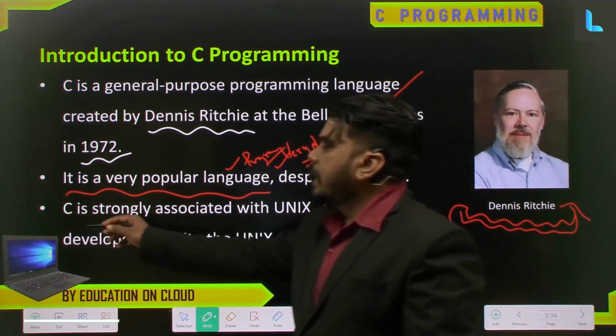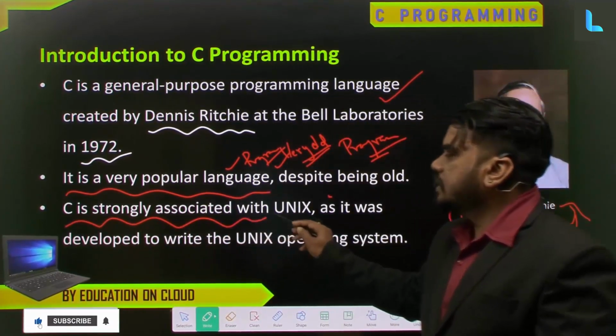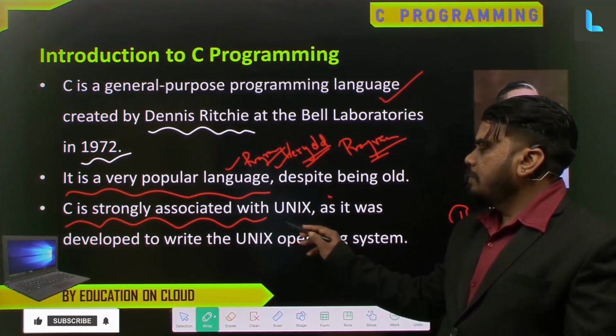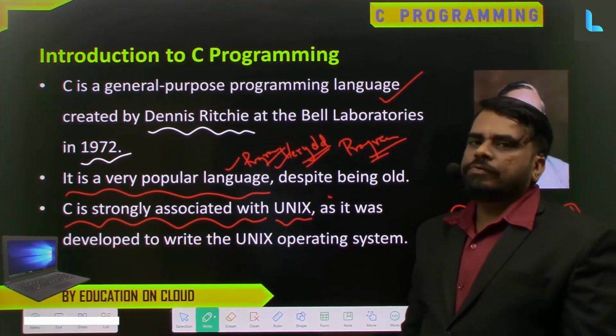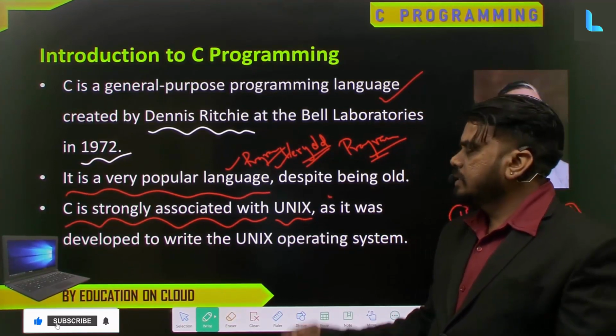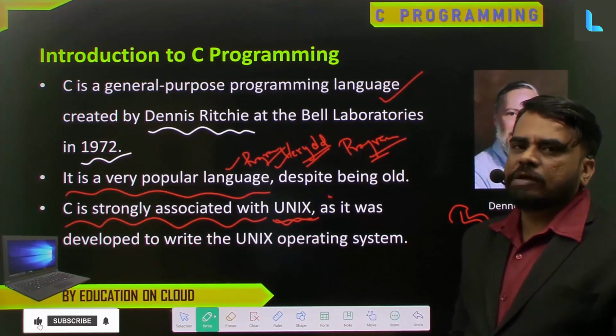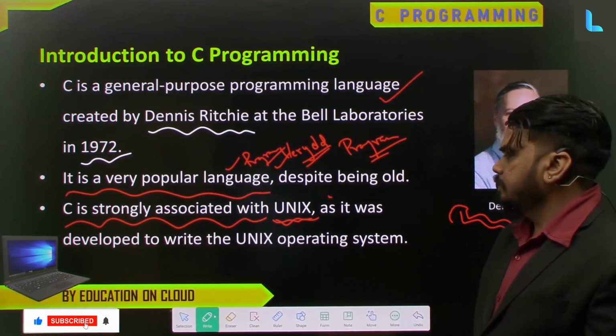Next, as I told you, the C programming language was developed during the development of Unix. That is, C is associated with Unix very strongly because it was used in the development of the Unix operating system.